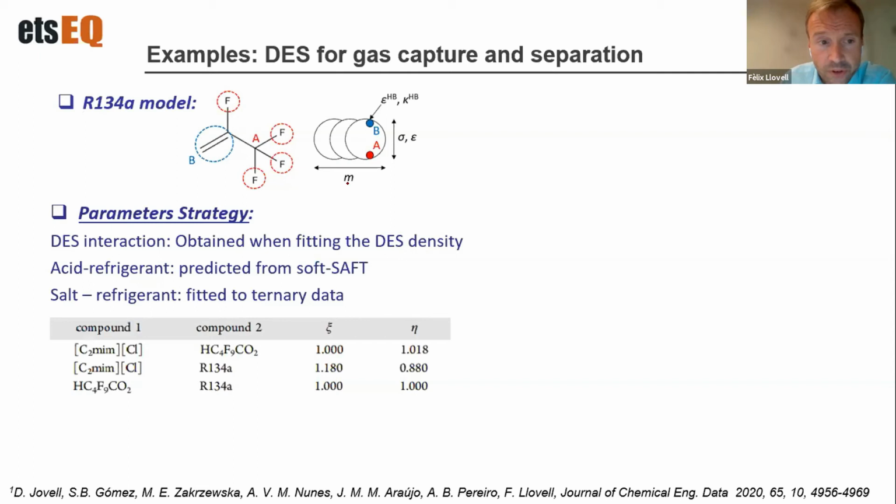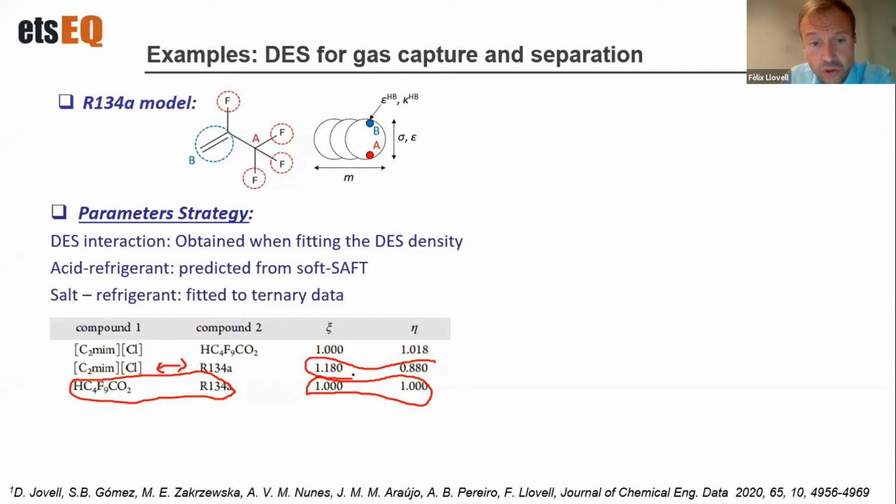And then we perform a strategy for the parametrization. From one side, the DES had already been fitted in the previous slide. The acid refrigerant interaction was predicted. Predicted means that a value of 1 was used, and the remaining salt refrigerant interaction was fitted to experimental data.